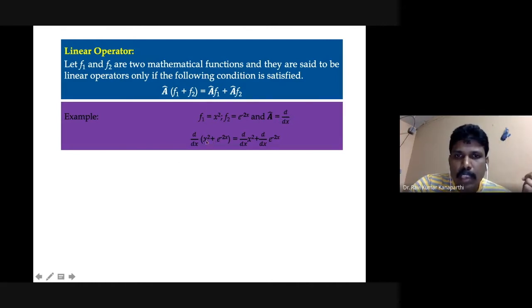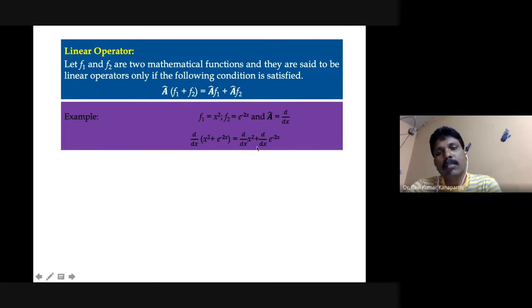Then you can see in this particular case, this is quite obvious that when d by dx is operating on the summation of the two functions, it will be precisely the same as when it is acting individually on the two different functions and their summation.